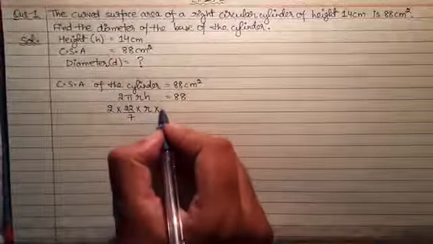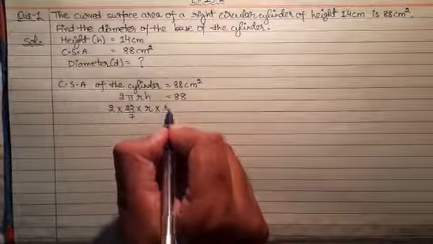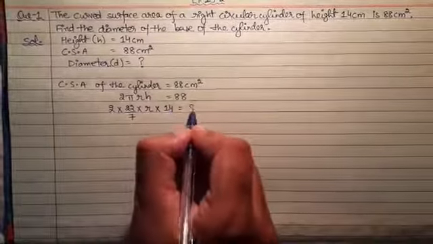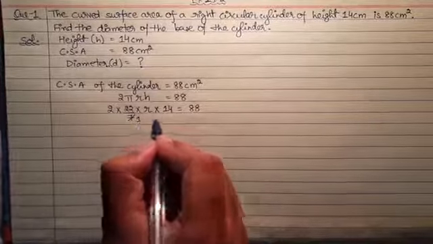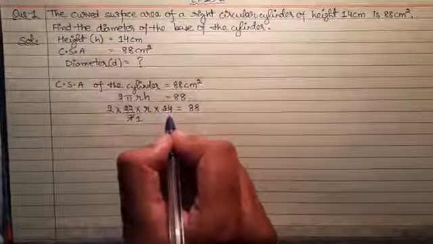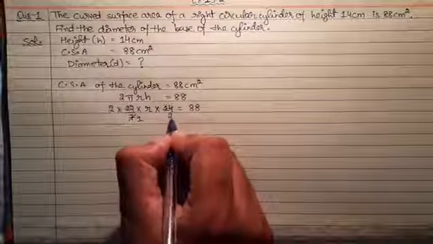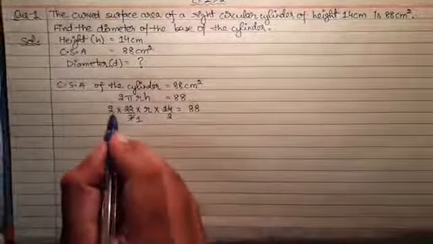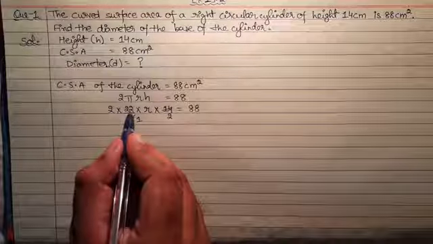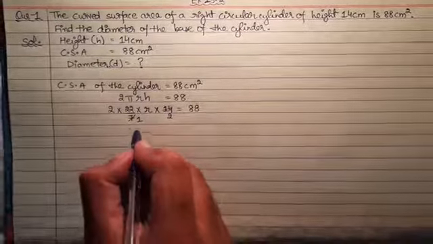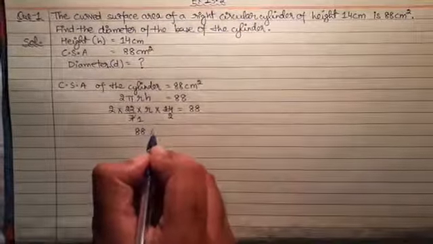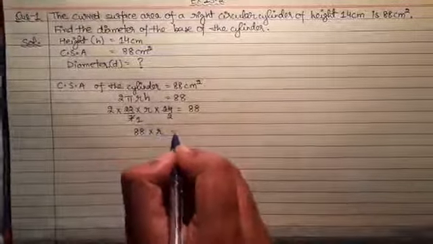Multiply, height is 14 cm, equal to 88. 7 ones are 7, and when we cut 14 with 7, we get 2 here. 2 multiply 22 is 44, and 44 multiply 2 is 88. 88 multiply r equal to 88.